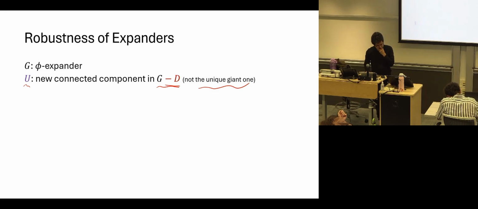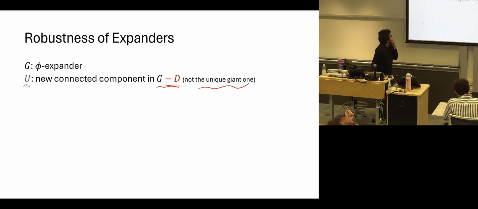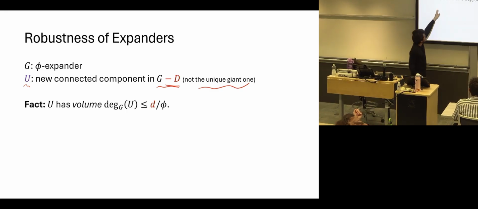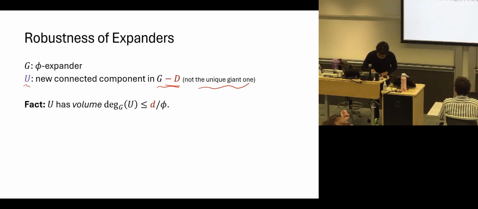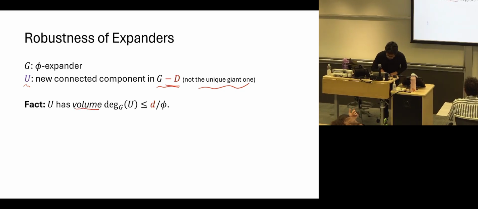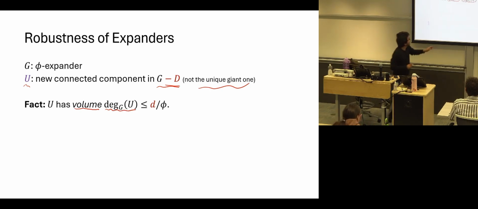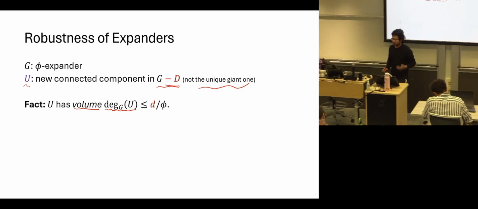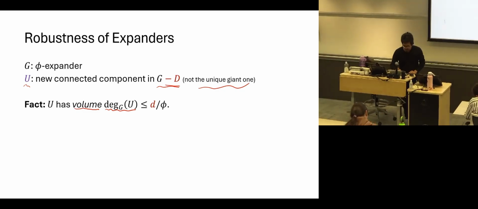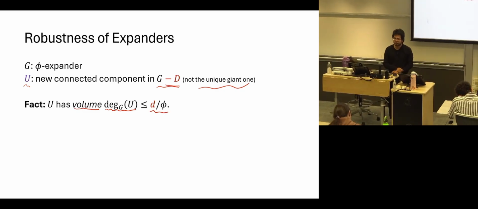So the claim is that the size of U, and when I say volume, I just really mean the degree of U, is going to be at most d over phi.